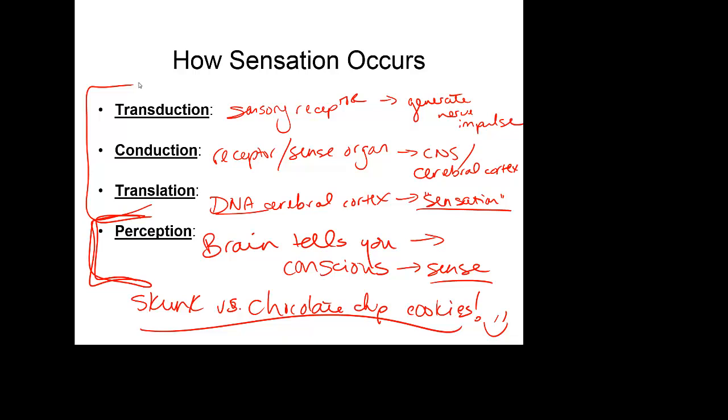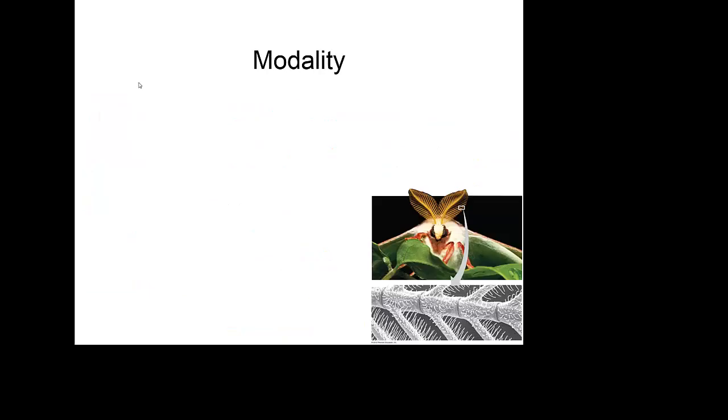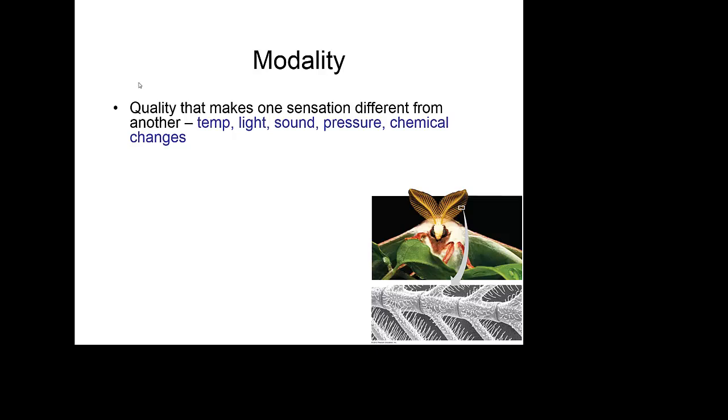And what we look for is something known as modality. And modality is how we differentiate things like temperature and light and sound and chemical changes and all of this. What we have to be careful of is modality is specific to each receptor.